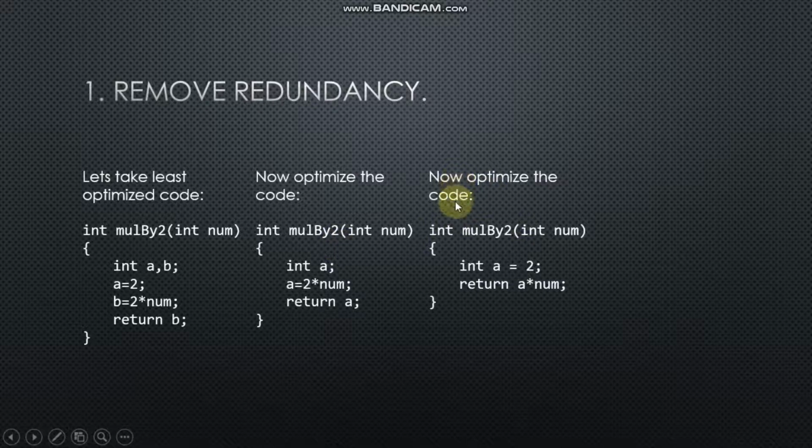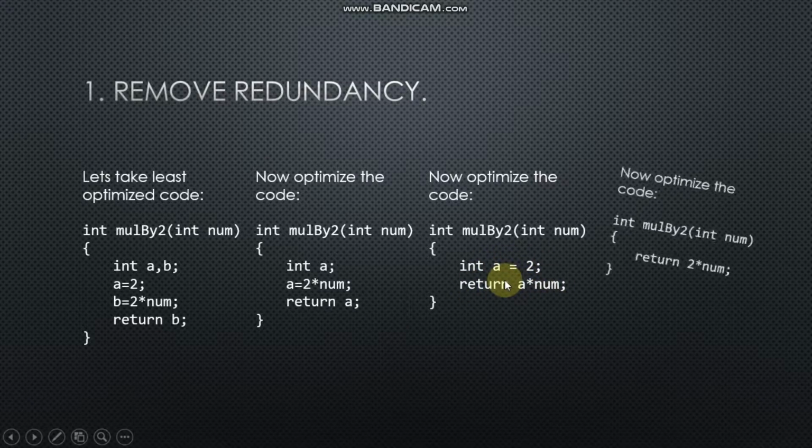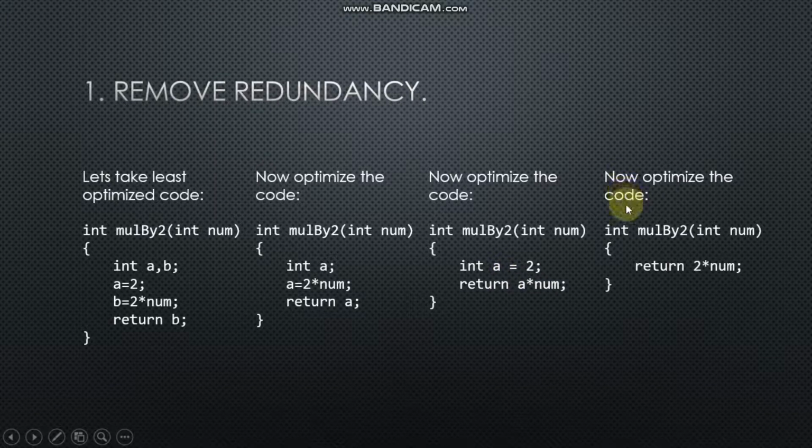Now we can further optimize it if we store 2 in a and then return the product. But it can be further optimized if we directly return the product of the number multiplied by 2.